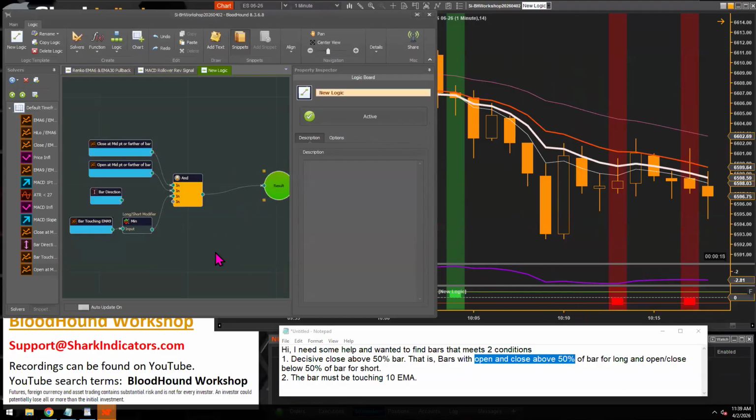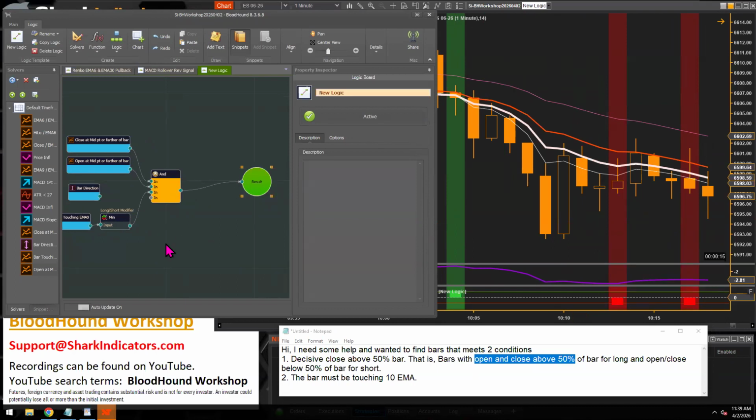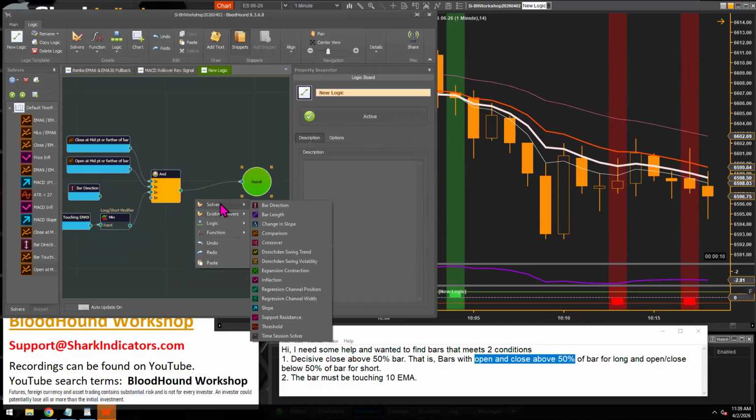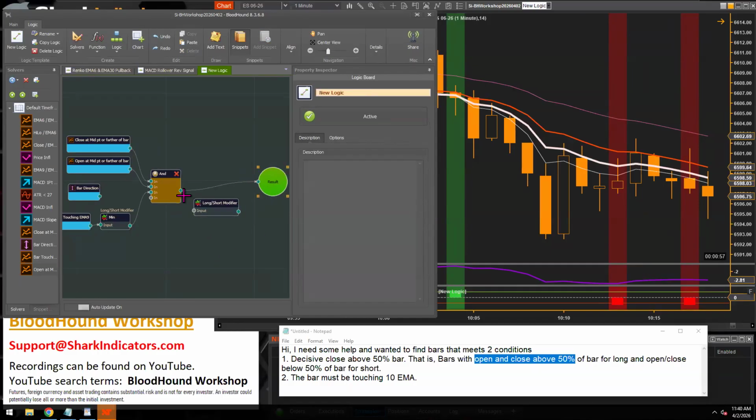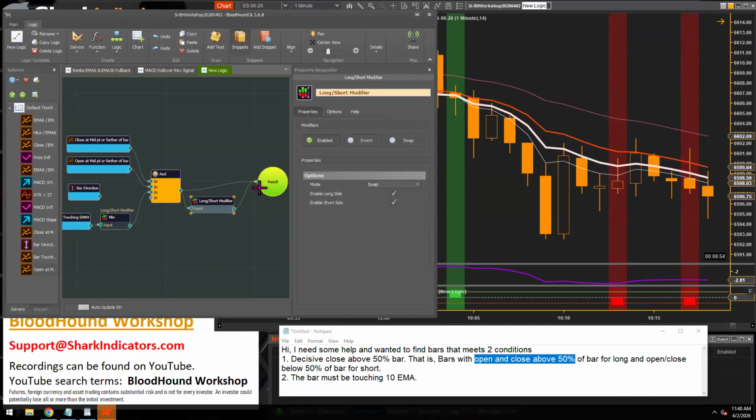Then if this is non-directional and it's just a condition, let's see here, then what we can do: there we go, long short modifier. And we're going to use, oh, where is it? Average. Oh, there we go, addition.